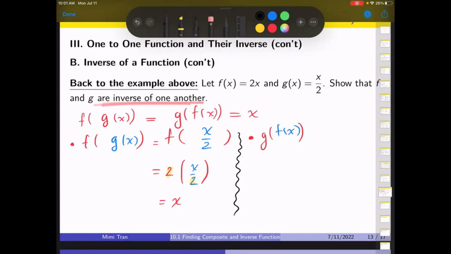Anyone? If you got X, just put your hand up. No, no, it's with X. All right. Okay.